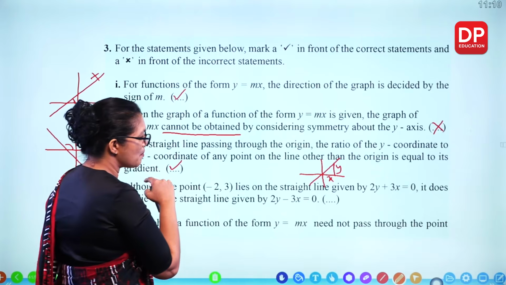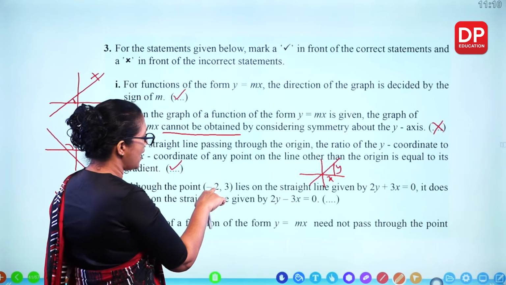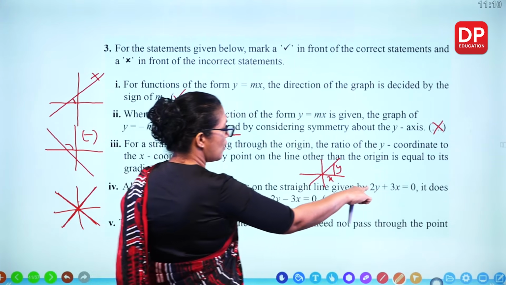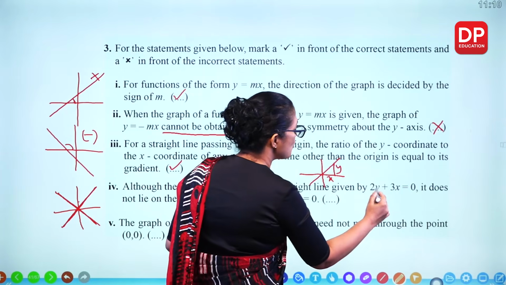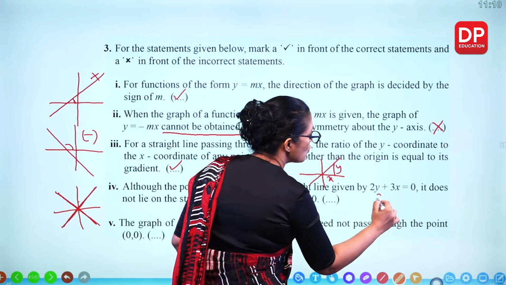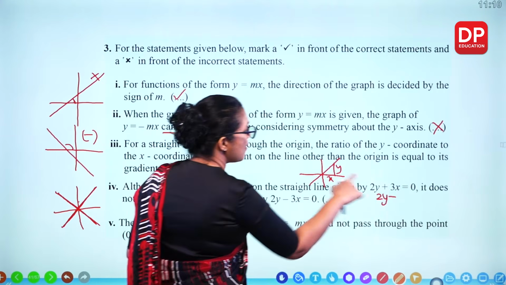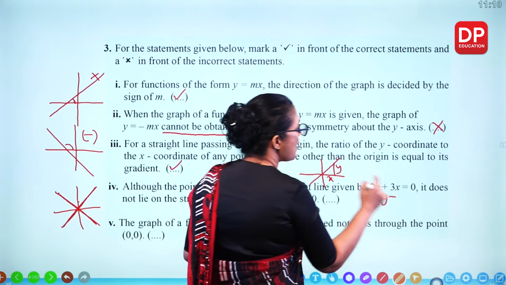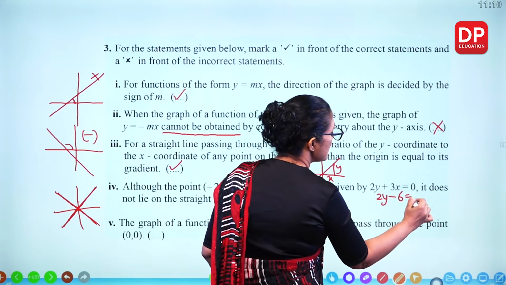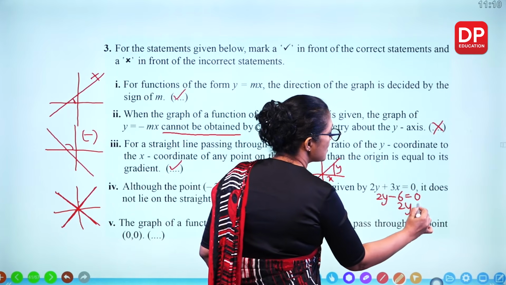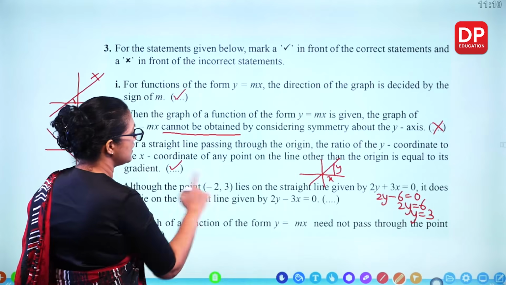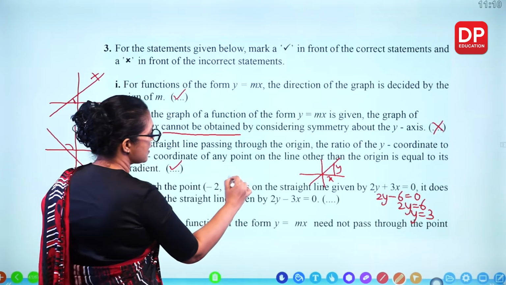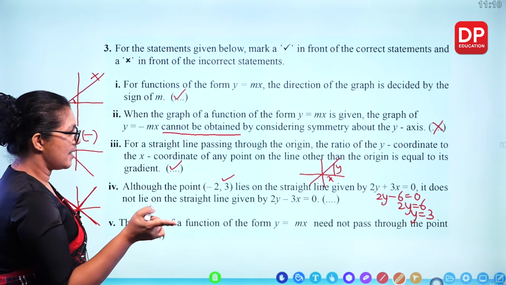When x equals minus 2, we'll find out the value of y. 2y plus 3 times minus 2, minus 6 equals 0. That means 2y equals 6, y equals 3. So y equals 3. That's correct. It lies on the straight line.